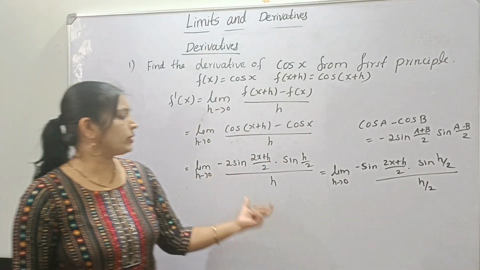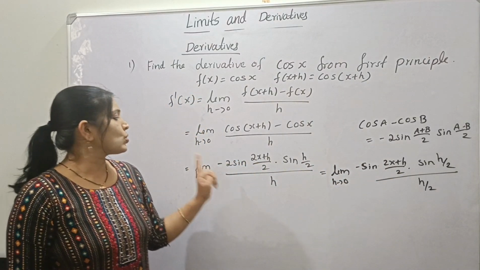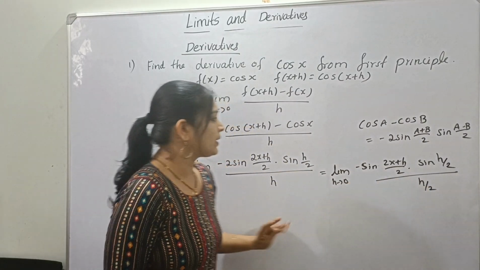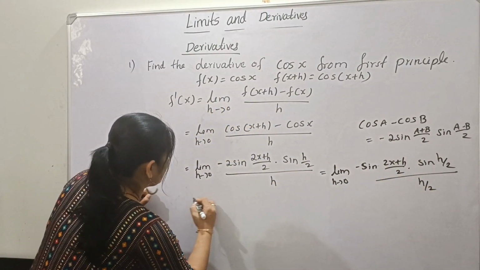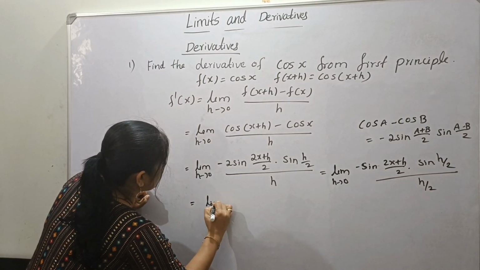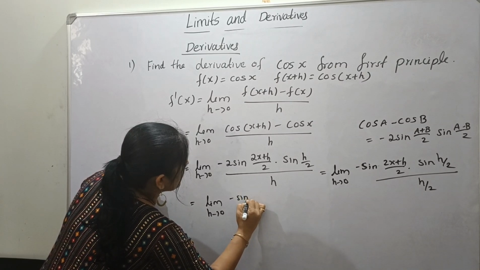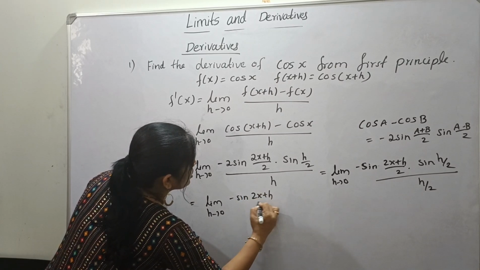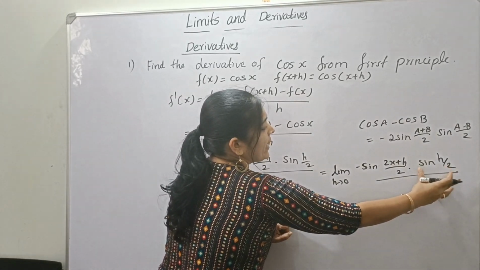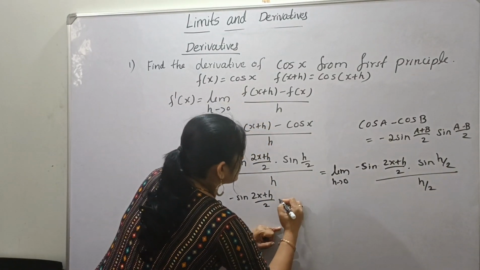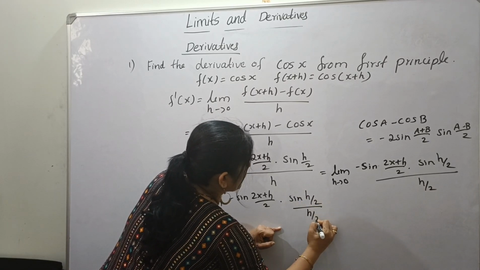Because we know that the denominator of the denominator comes to the numerator, so that we will get the standard limit. That is equal to limit h tends to 0 of minus sin of (2x plus h) divided by 2 into, this one we can write separately, sin of h by 2 divided by h by 2.